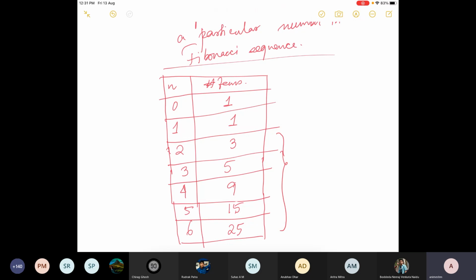Anything else do you see? Number of calls are growing exponentially. Exponentially, fine, but any relationship? So 2 raised to power n minus 1 minus 1. So now you are coming to the answer directly. I am asking for a simple observation. You are just coming to the direct answer.